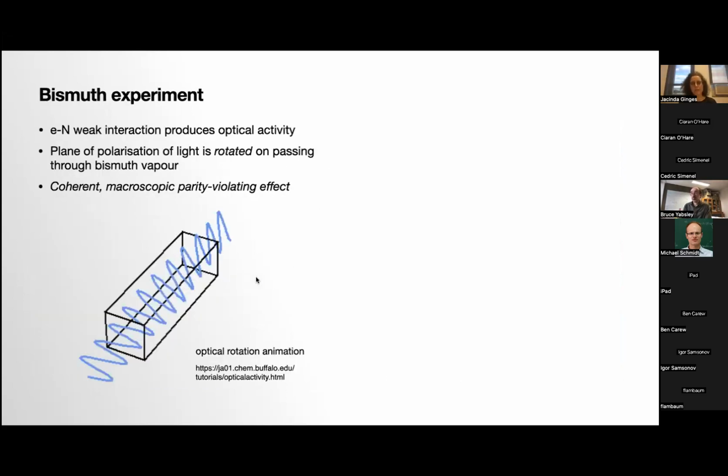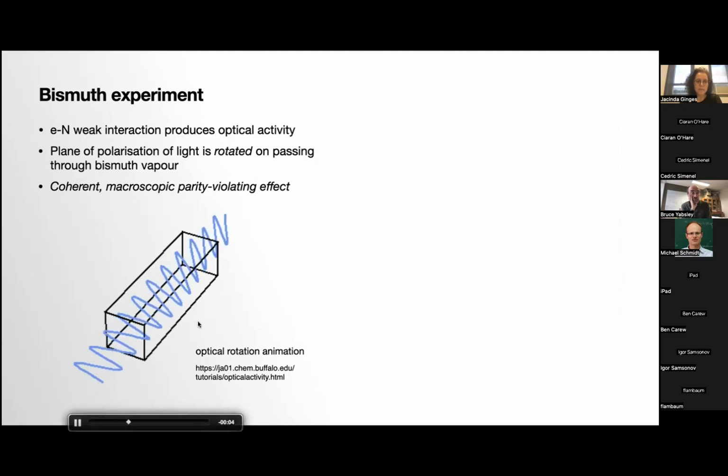So just to give a little bit more of an idea of what's going on with this bismuth experiment. Due to this electron-nucleon weak interaction, optical activity is produced within the bismuth vapor. I've just got a little movie here.